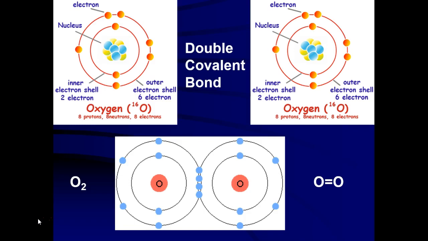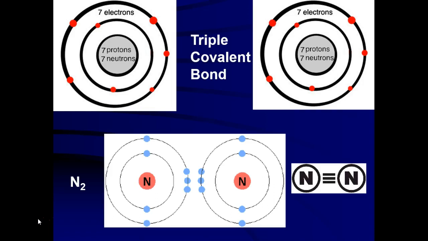Now, we don't have to stop at 2. We have one more where we can share 3 pairs of electrons. And a good example of that is a major component of the atmosphere, and that is going to be nitrogen. Nitrogen gas makes up most of our atmosphere. Roughly about 3/4 of our atmosphere is made up of nitrogen gas.